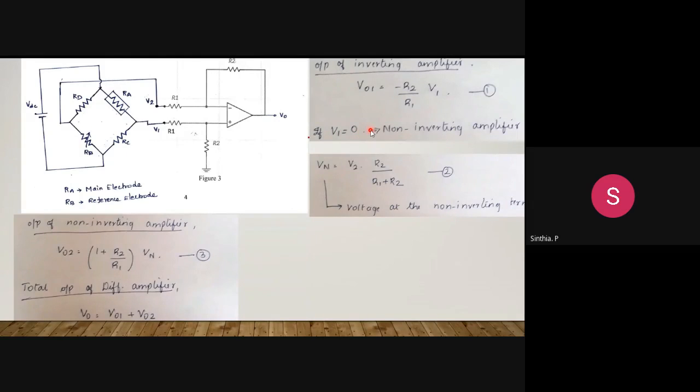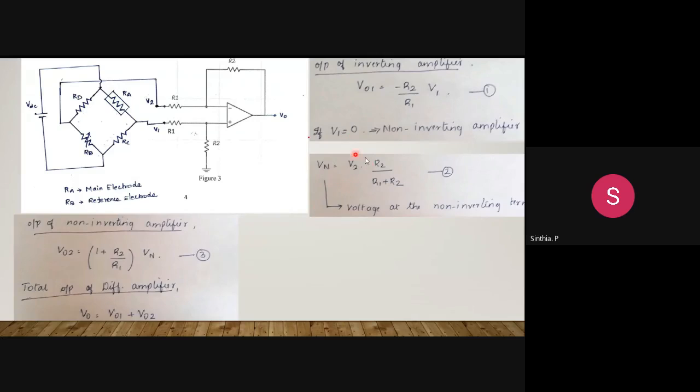So when your V1 is 0, the amplifier output will be given by the non-inverting part. So what will be the voltage at the non-inverting terminal? Vn equals V2 into, by the voltage divider rule, R2 by R1 plus R2. So this is your voltage at the non-inverting terminal. So what will be the output of the non-inverting amplifier?